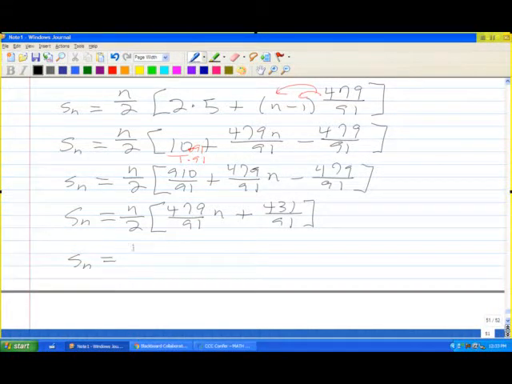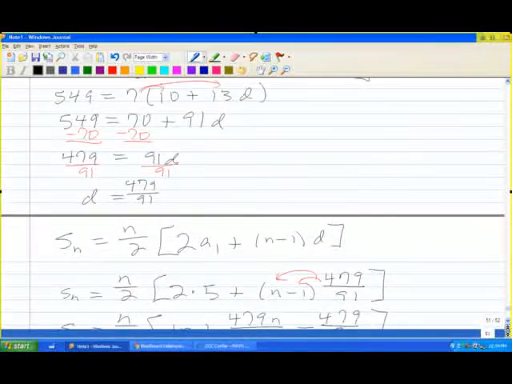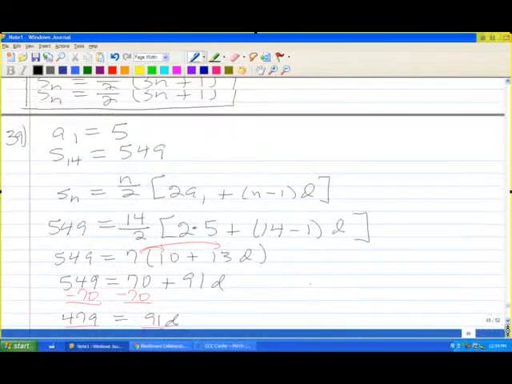So this is equal to n times 479n plus 431 over 2 times 91, 182. Not such a nice formula. Oh well, and that is the formula to find the sum of the first n terms.